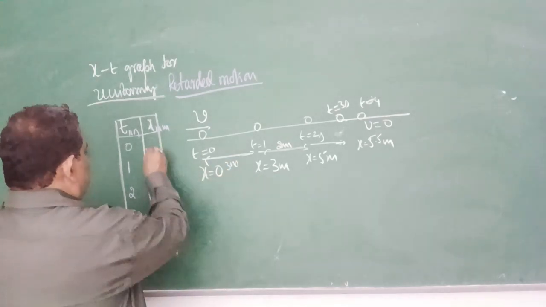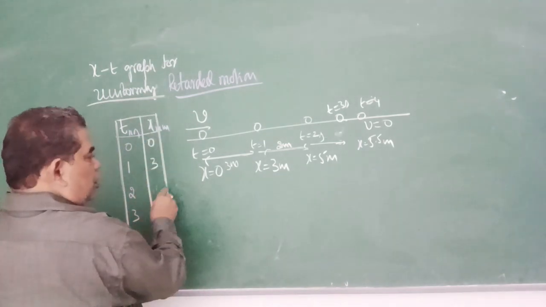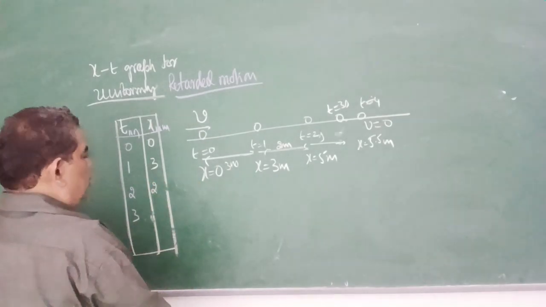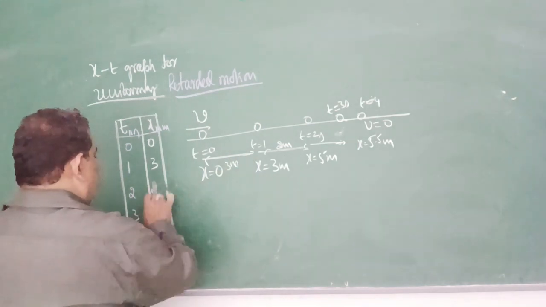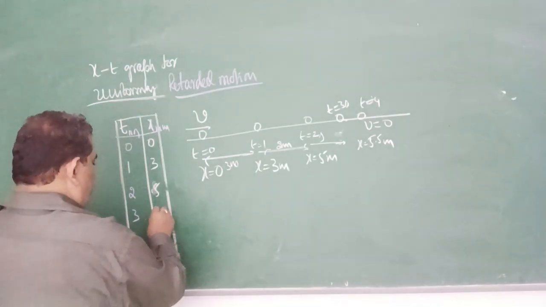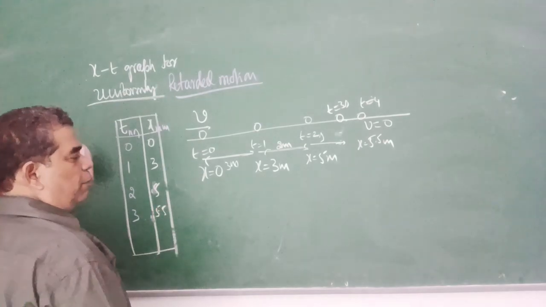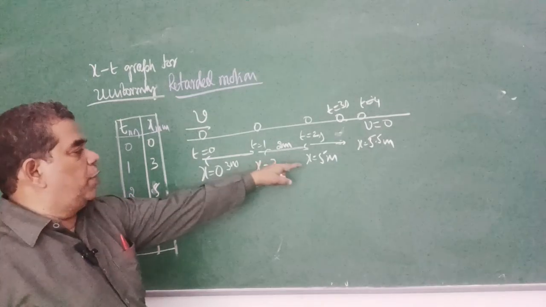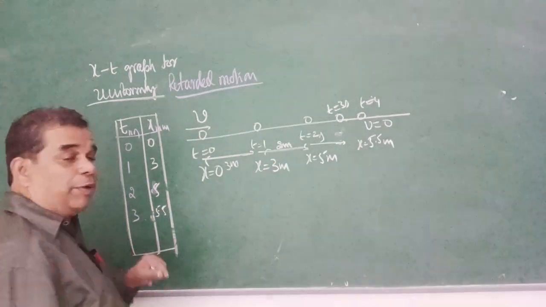So 0, 0; 1 second, 3 meter position; up to 2 seconds, it is 3 plus 2, 5 meter position; and then for 3 seconds, it is 5.5 meter position, where it comes to rest.